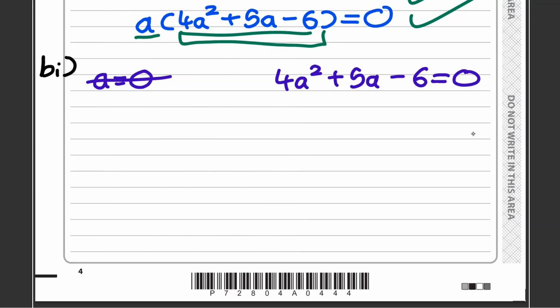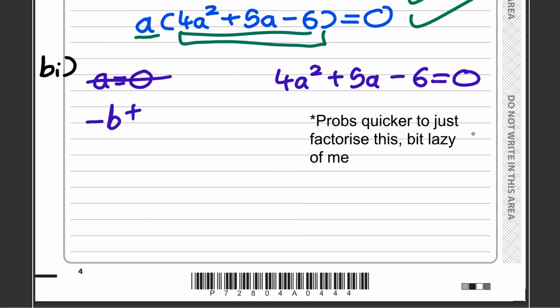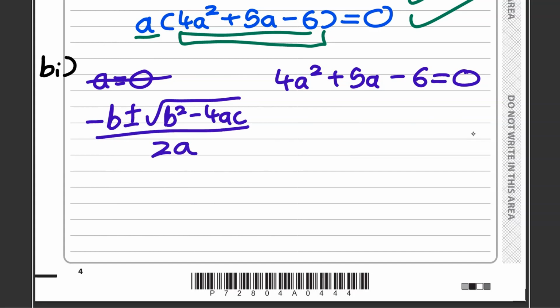So remember, the quadratic formula is minus b plus or minus the square root of b squared minus 4ac over 2a, where a is 4, b is 5, and c is minus 6.